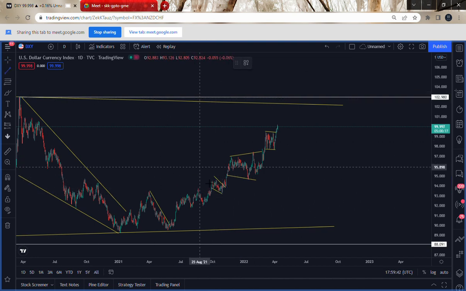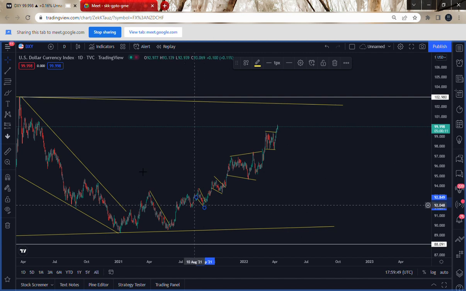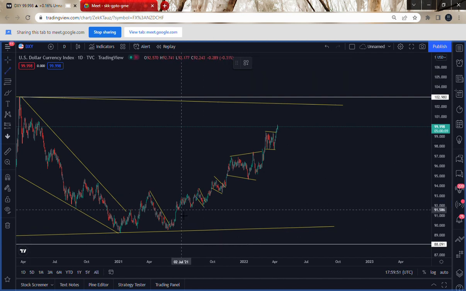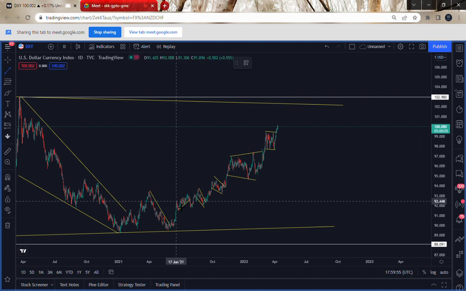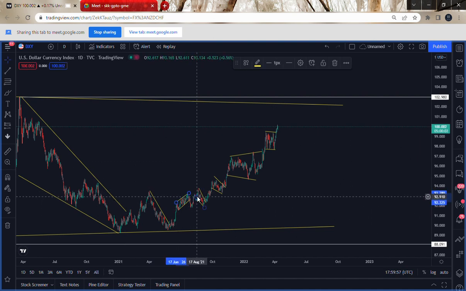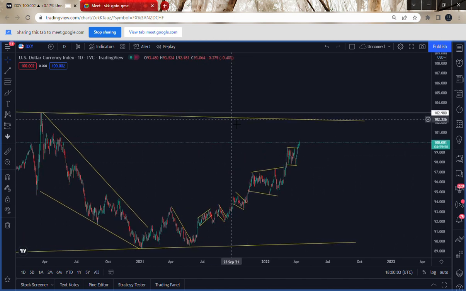So now there we go. You can see what has been happening here: impulse, correction, impulse, correction, impulse, correction. That's how the market has been moving all the way to the upside.